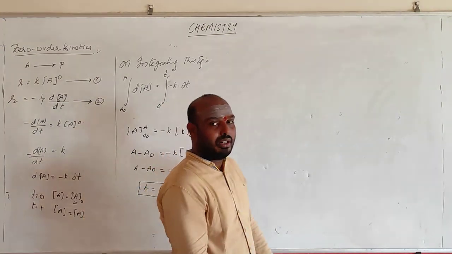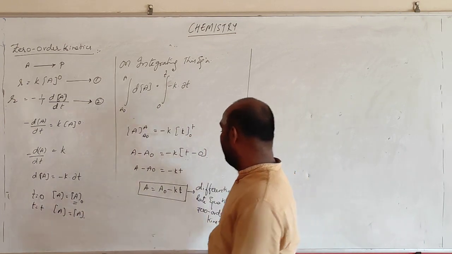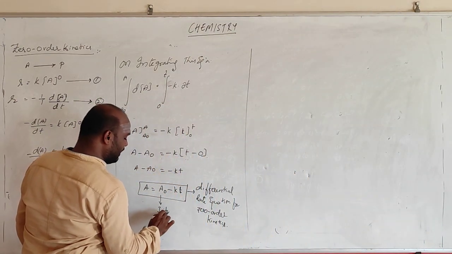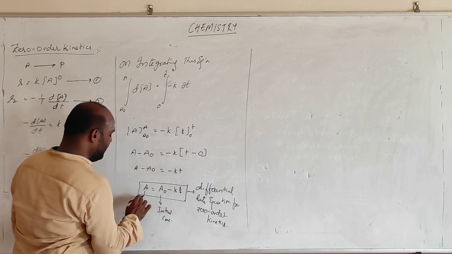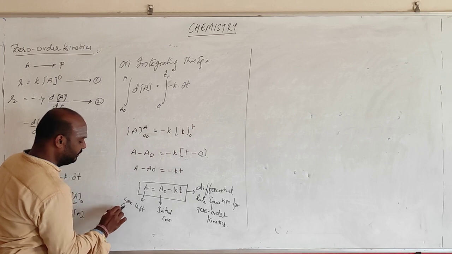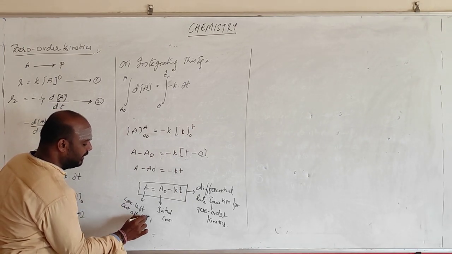For zero order quantities, this is the differential rate equation. And always remember that A naught is the initial concentration and A is the concentration left out after time t.